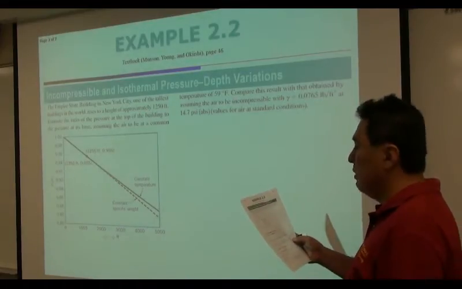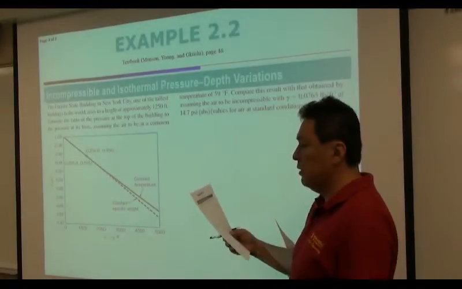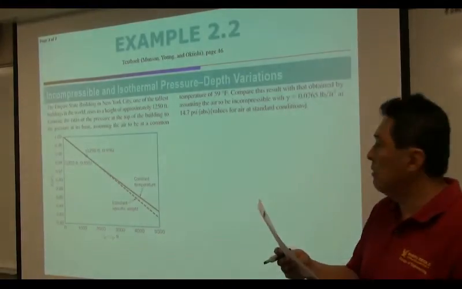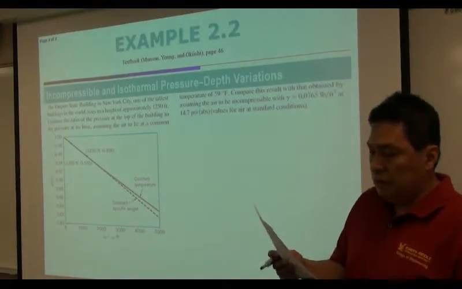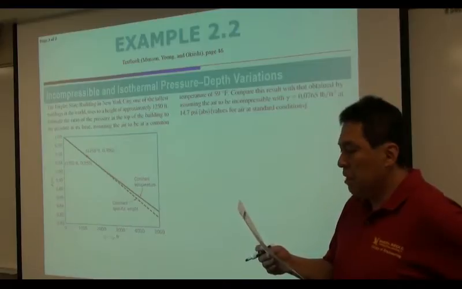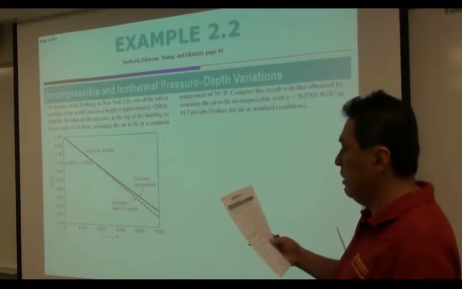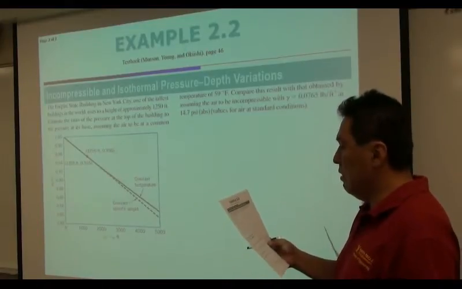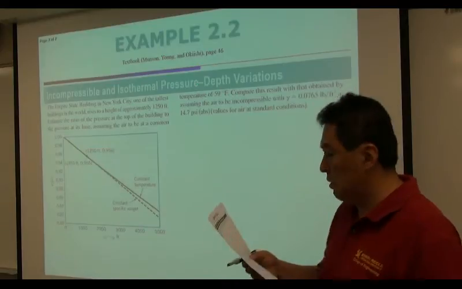The Empire State Building in New York City, one of the tallest buildings in the world, rises to a height of approximately 1,250 feet. Let's estimate the ratio of the pressure at the top of the building to the pressure at its base, assuming the air to be at a common temperature of 59 degrees F. That means temperature doesn't change, isothermal condition.